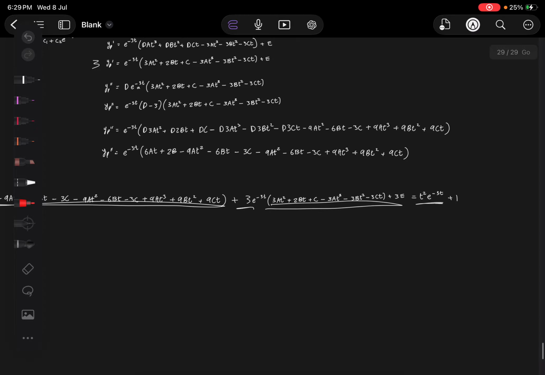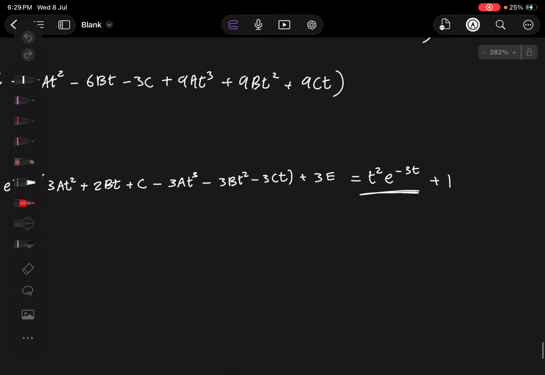Same with this. The only thing that's not multiplied by e to the negative 3t is 3e. So this matches with the 1 on the right hand side. So 3e equals 1, so e is equal to 1 over 3. That we're sure of.